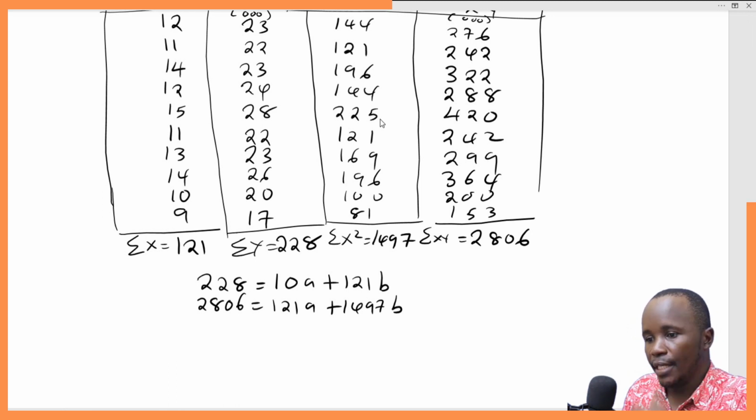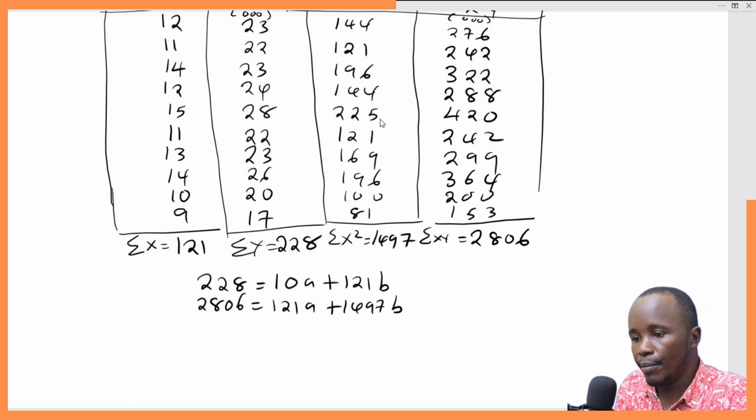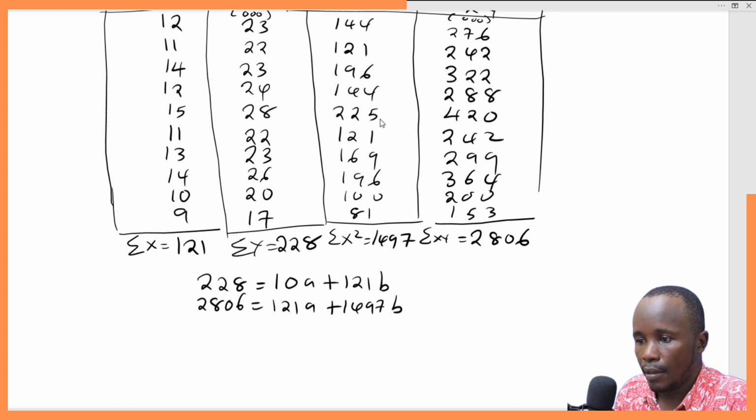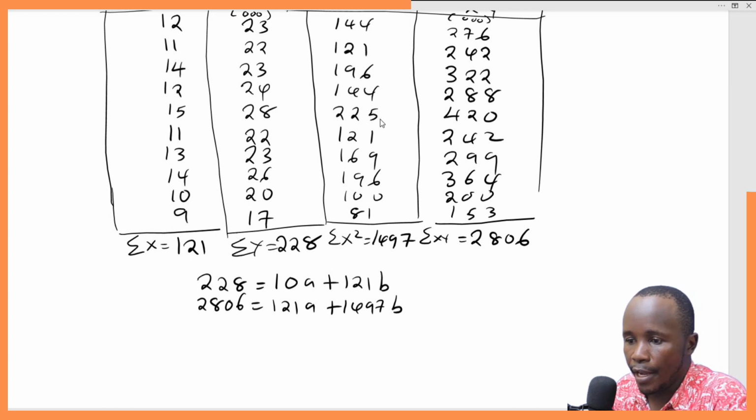Let me use the elimination method. I want to eliminate a.